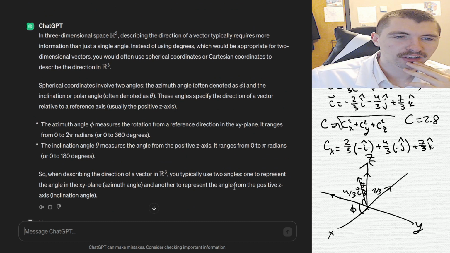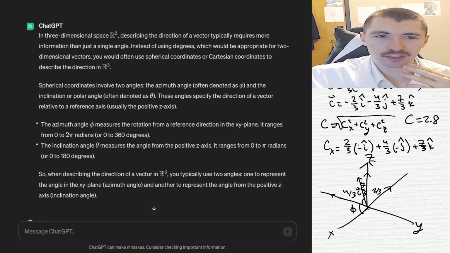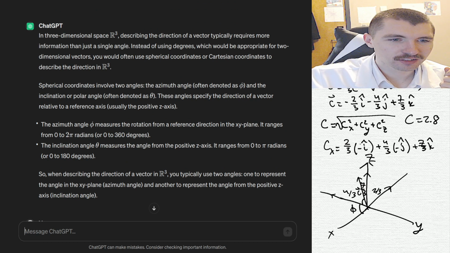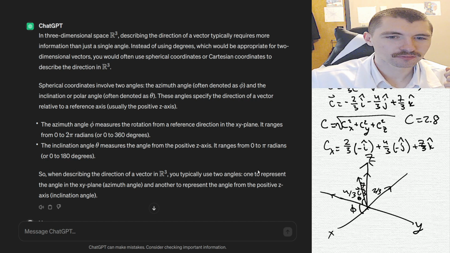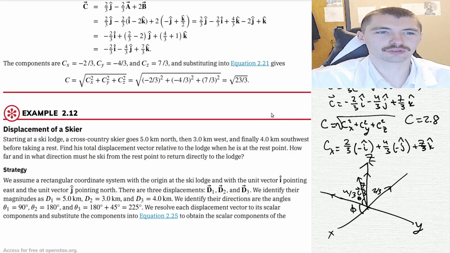Phi, phi, phi. So yeah, xy is phi, and then the inclination theta is this from positive. So that's theta from the xy, so the azimuth, and then the inclination. So yeah, we're kind of close, I would say.